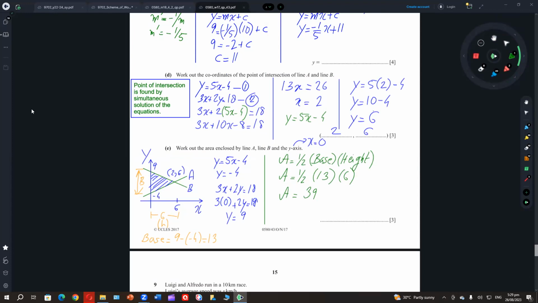Now, can you look for another question for coordinate geometry once you have copied it? Yes. Hold.